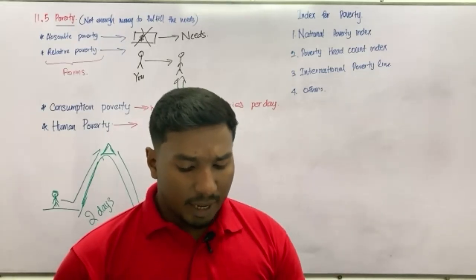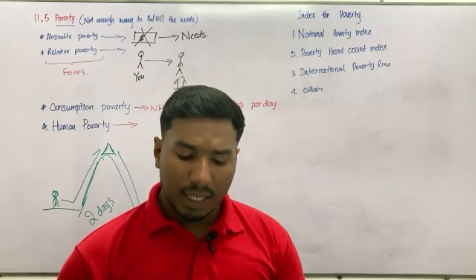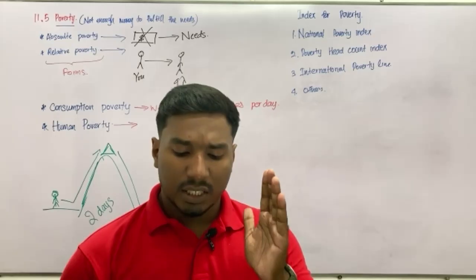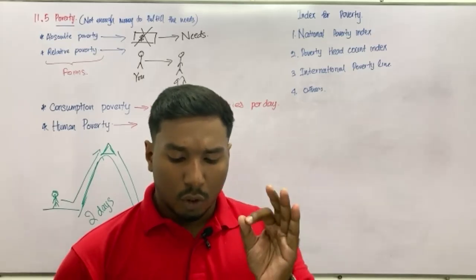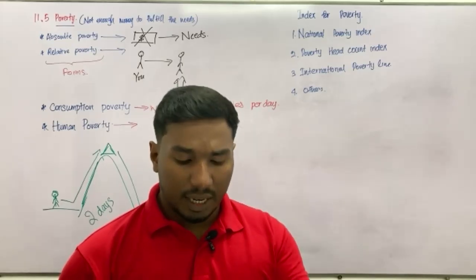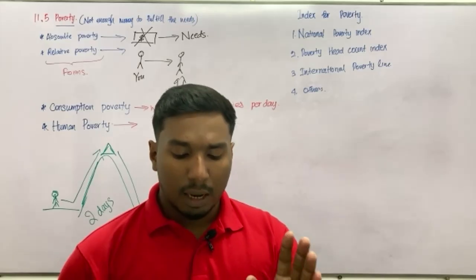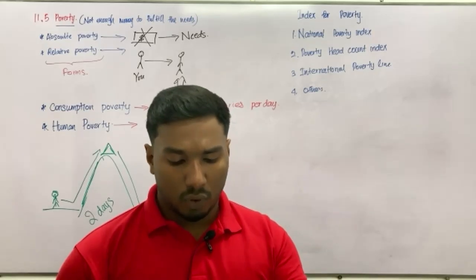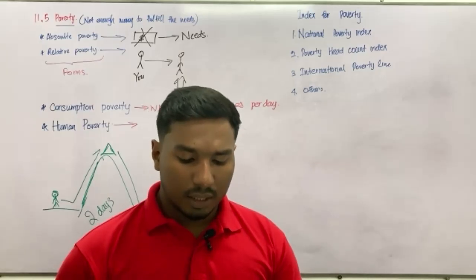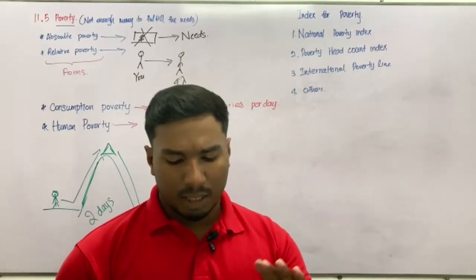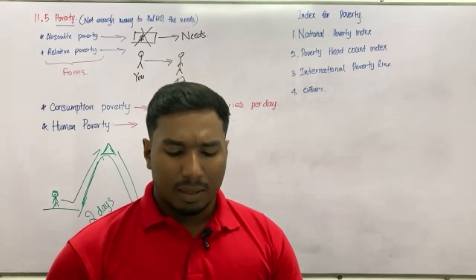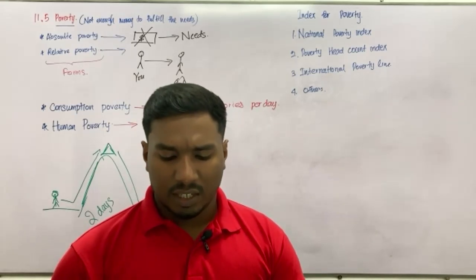It estimates the minimum monthly income needed to purchase basic food, 2030 calories per day in Sri Lanka, plus essential non-food needs. Published monthly updated price change by Department of Census and Statistics. Okay, people earning less than the national poverty line are classified as poor.